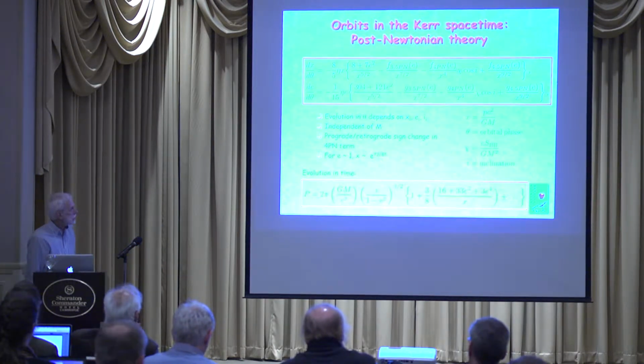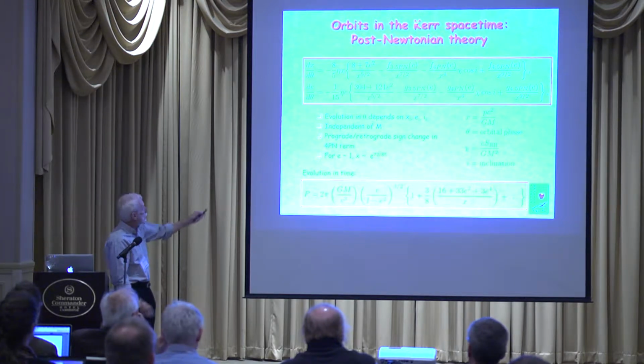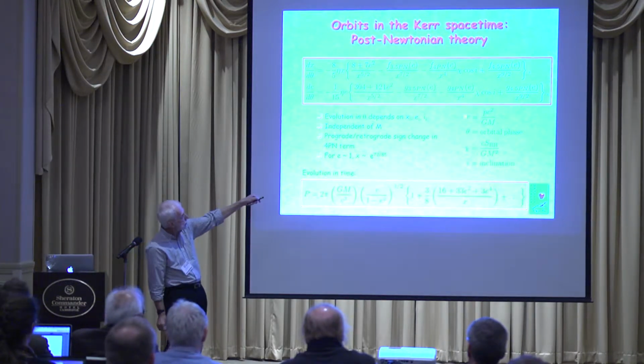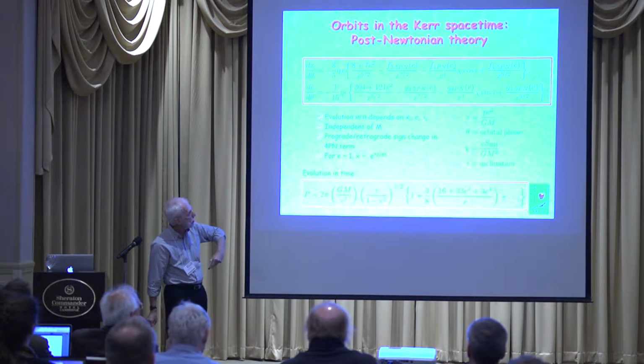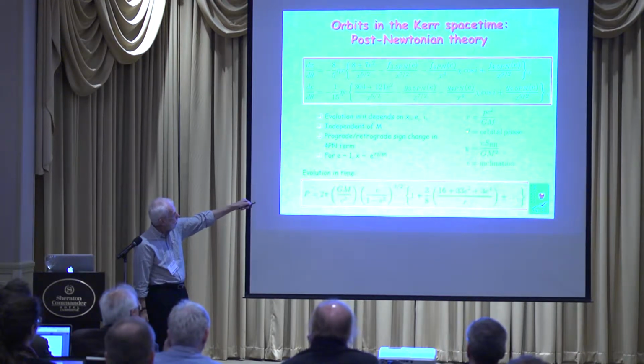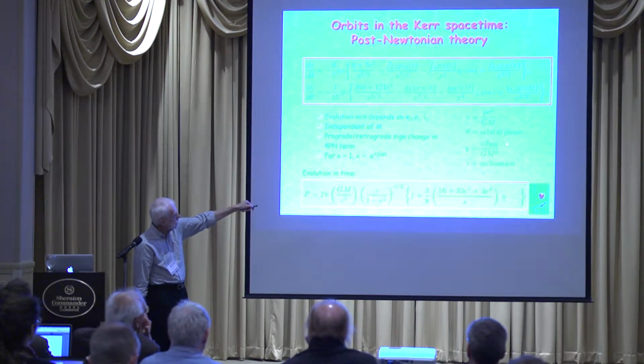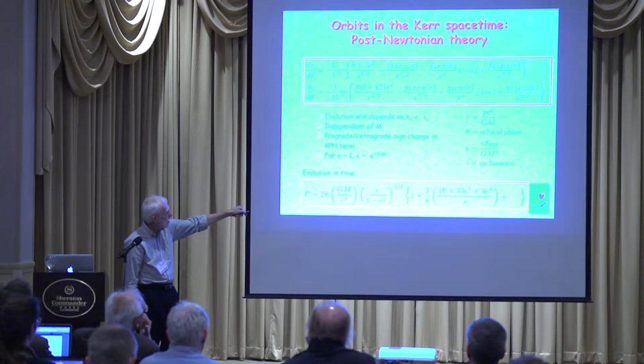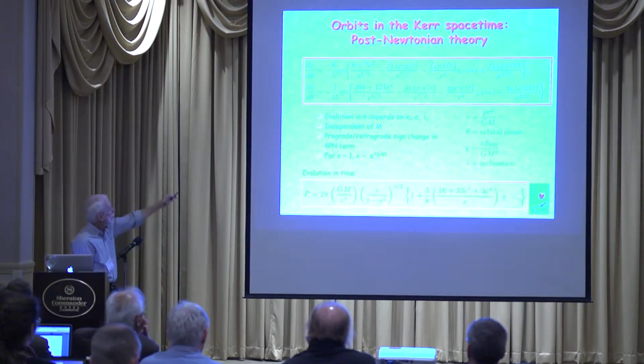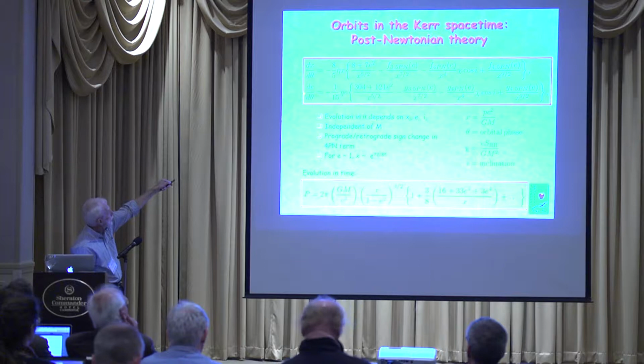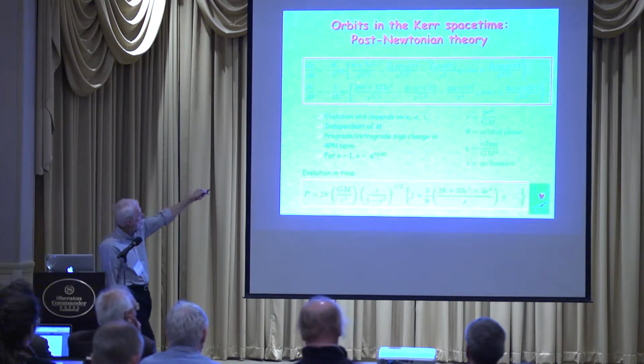And the results look like this. Just to illustrate a few of them. For example, in terms of this dimensionless parameter, the semilatus rectum scaled by the black hole mass, in terms of orbital phase, the dimensionless spin parameter of the black hole, and I, the inclination of the orbit, the semilatus rectum and the eccentricity evolve in a certain way.